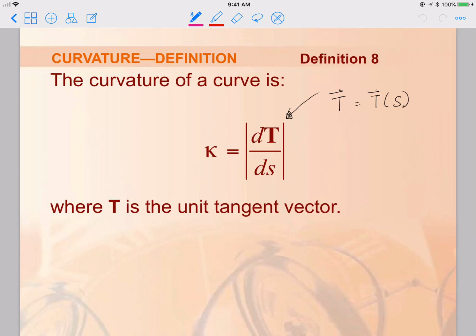Okay, we don't want that. So this is our formula: the derivative of that unit tangent vector with respect to the arc length function.